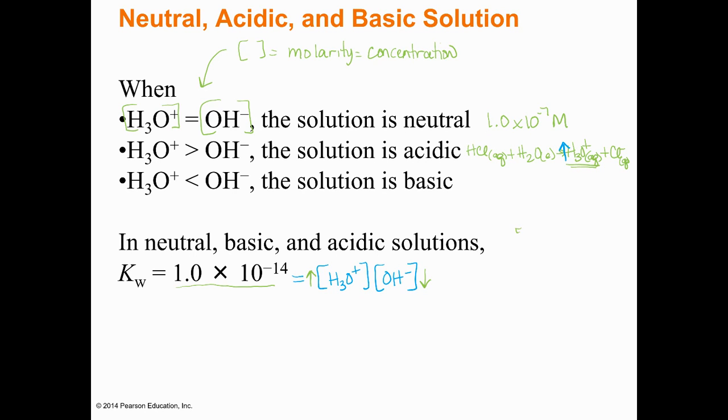If I have 5 times 3 equals 15, if I change the 5 to a 15 and I want to maintain that number 15, the 3 has to go down to a 1. So if this one goes up, this one goes down. So that's what we're seeing here. Hydronium goes up, hydroxide has to go down to maintain the constant.